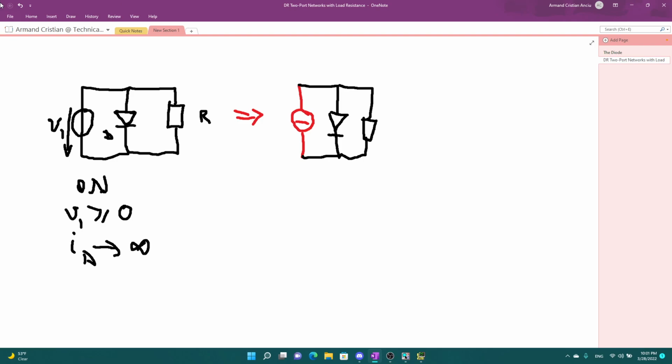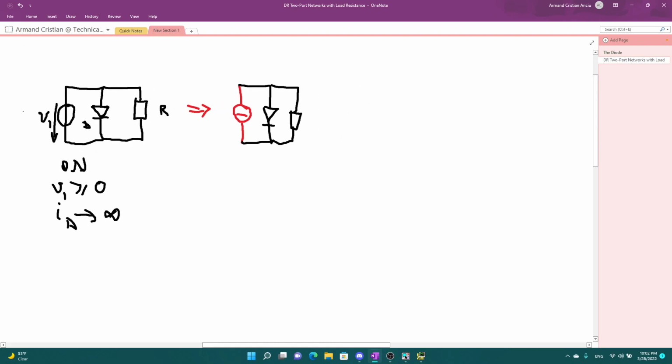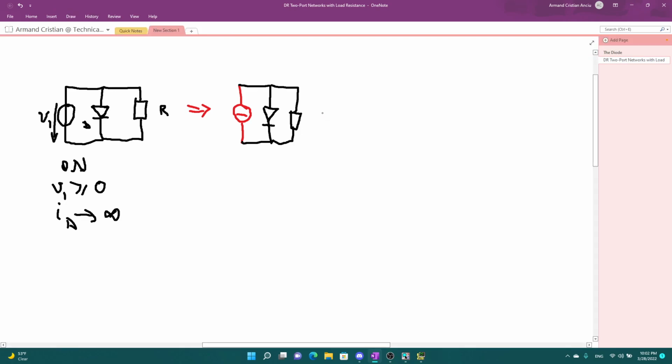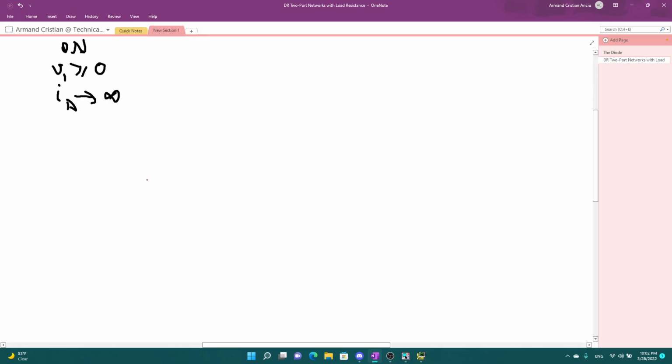But also you should remember to not connect current sources such that during normal operation the circuit might become an open circuit. In this case, everything is okay. We can actually use this circuit. We cannot use this one, and I just explained why.